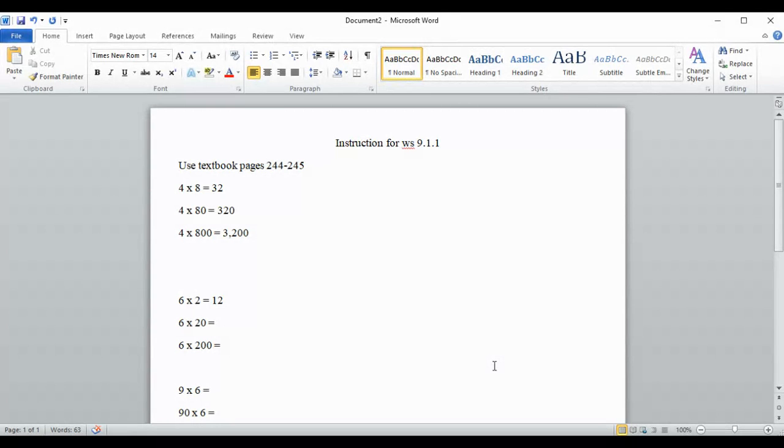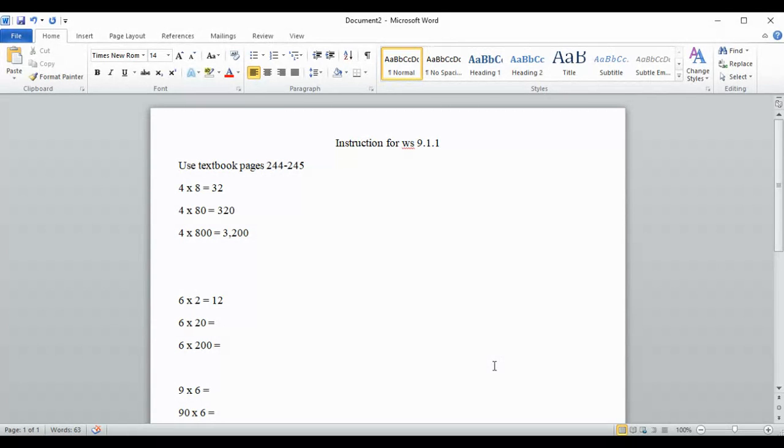So I'm just going to go ahead and get started. You can see that at the top of this page, I have some math problems. 4 times 8 equals 32. And 4 times 80 equals 320.